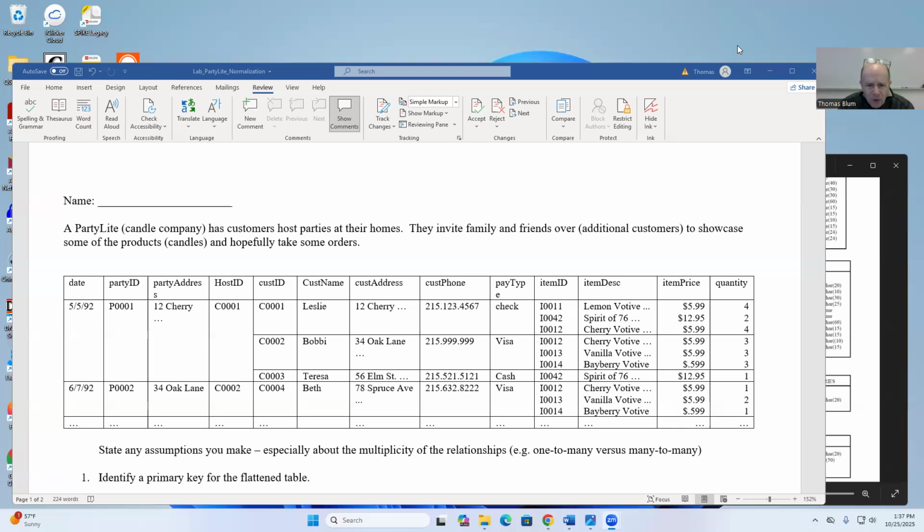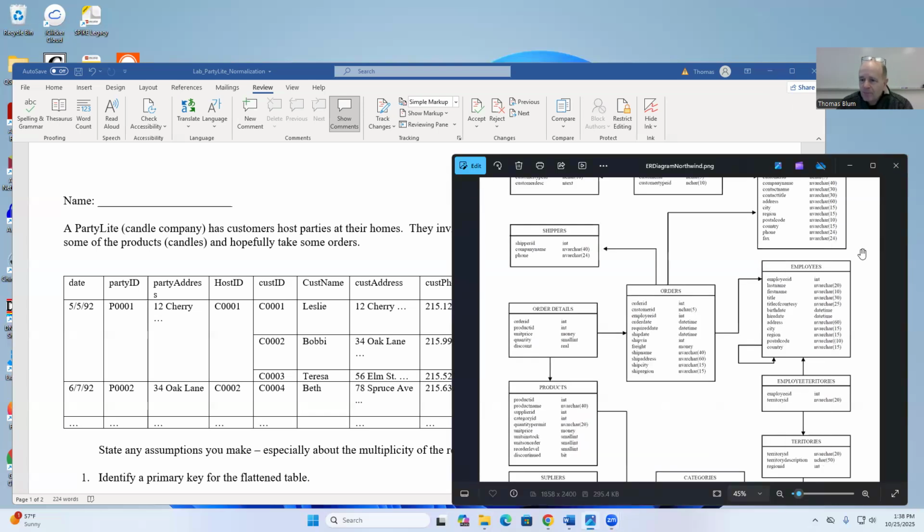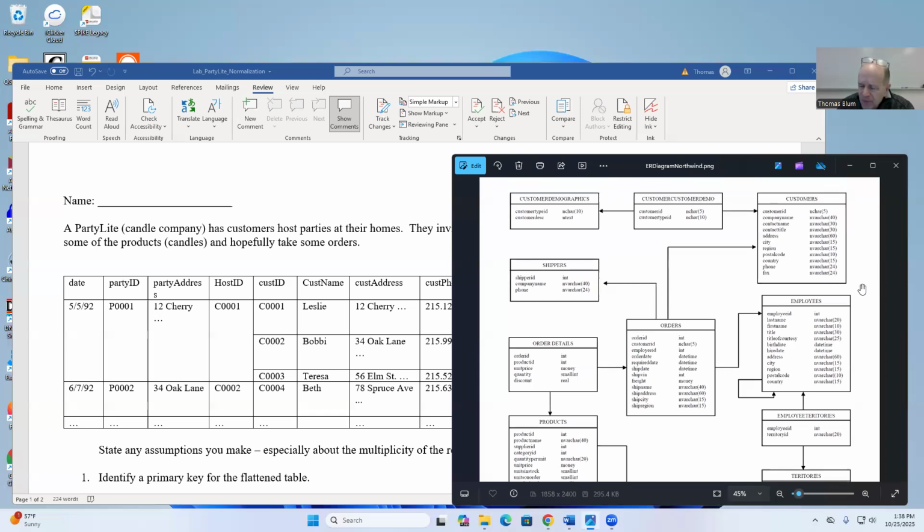So we're going to walk through this normalization exercise, but it's always good to have some expectation in mind. One of the well-known database examples that people are exposed to in a database course is the Northwind database. I'm bringing up an ER diagram of that.